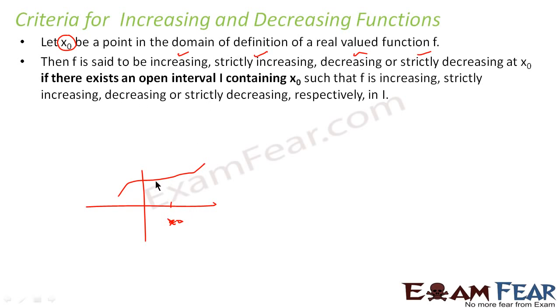For example, from here to here, and that interval should contain this x0, such that this function is increasing, strictly increasing, decreasing, or strictly decreasing in that interval.